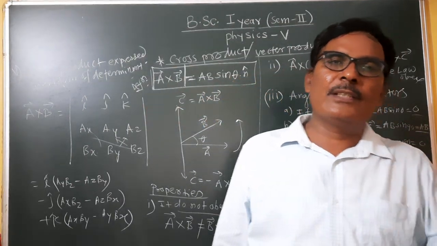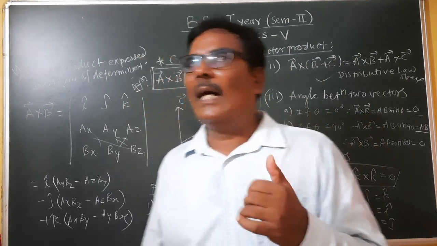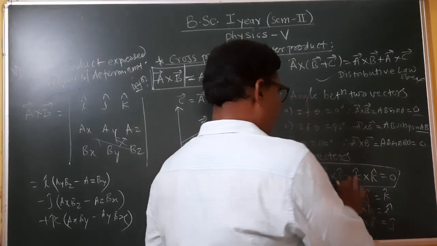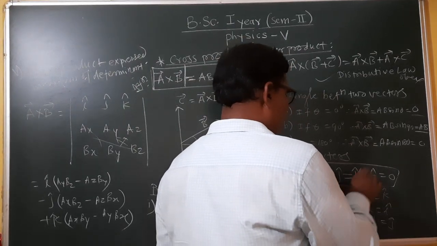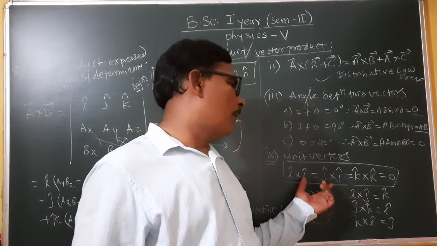For the unit vectors, i dot i equals j dot j equals k dot k equals 1 in the scalar product. In the vector product, i cross i, j cross j, and k cross k equal 0. This is one more important property.